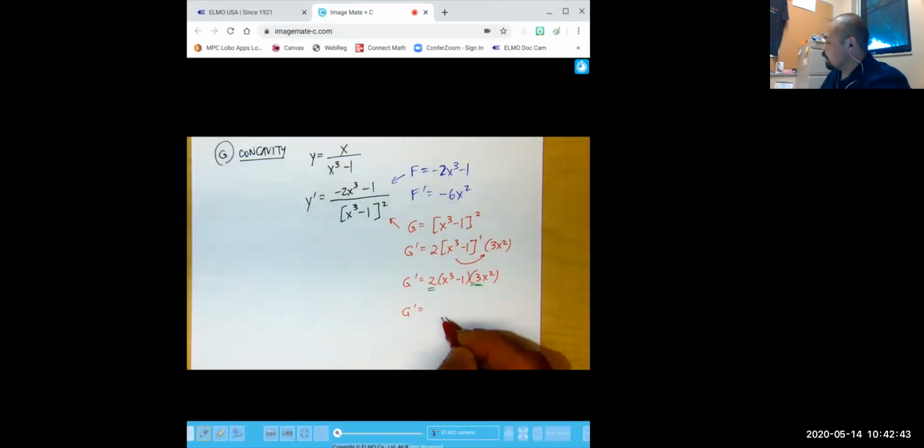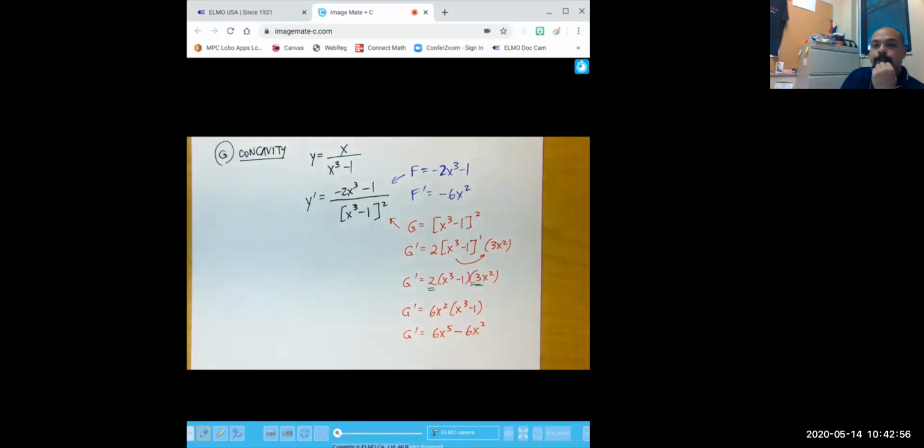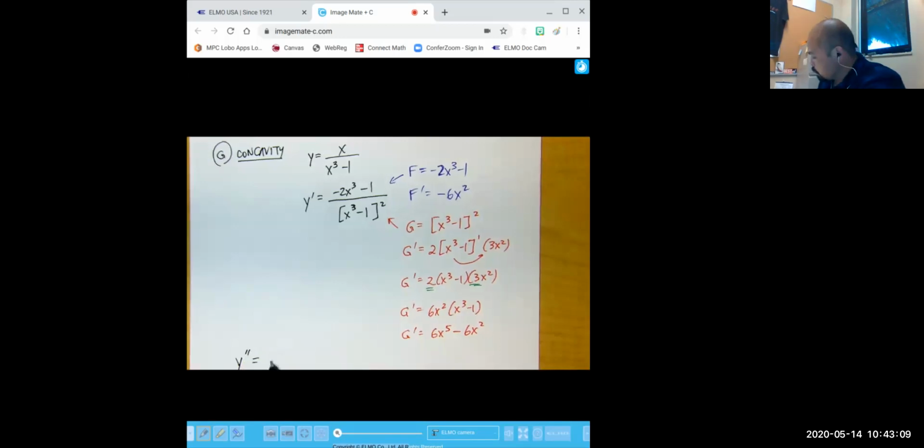Just think about this distribution, 6x squared, x cubed minus 1 to the first power, g prime, 6x to the 5th minus 6x squared. Definitely kind of messy here. But let's hope, fingers crossed, that this calculation for our inflection point will somewhat clean up nicely.